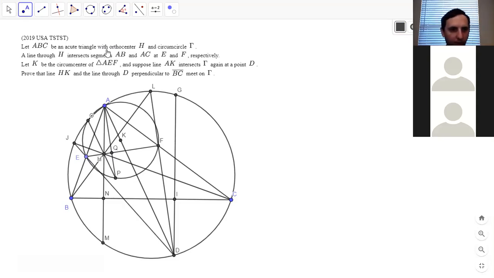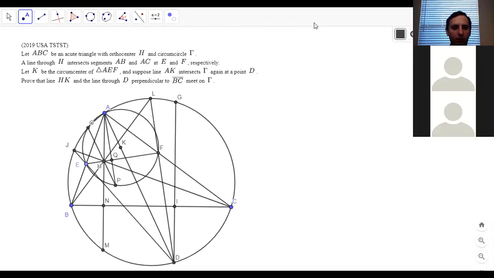Okay. So we have to show that H, K, and G are collinear. Let's see why they concur.